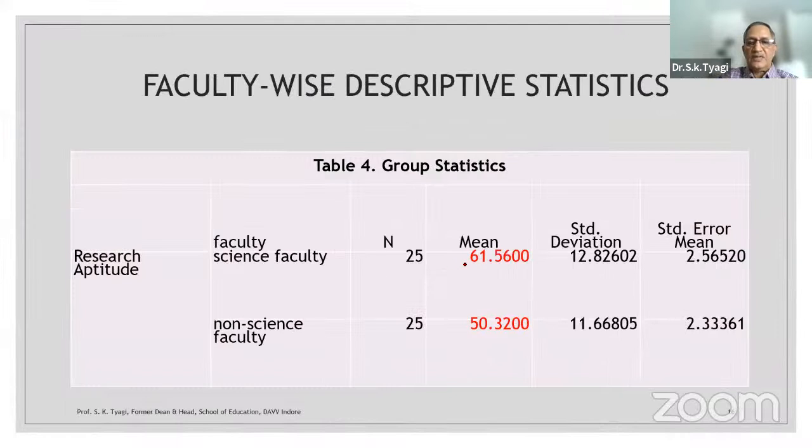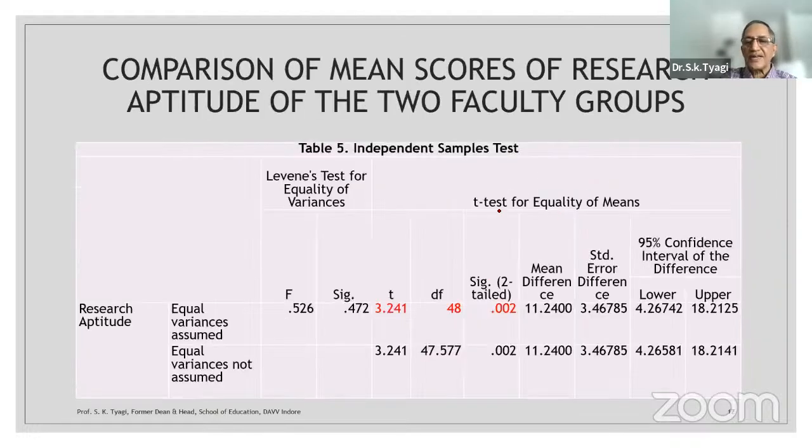We observe that the mean research aptitude of the science faculty is 61.56 and non-science faculty is 50.32, and B is nothing but the difference of these two, 11.24. The t-test for equality of means: t value is 3.241, degrees of freedom 48, significance value 0.002.